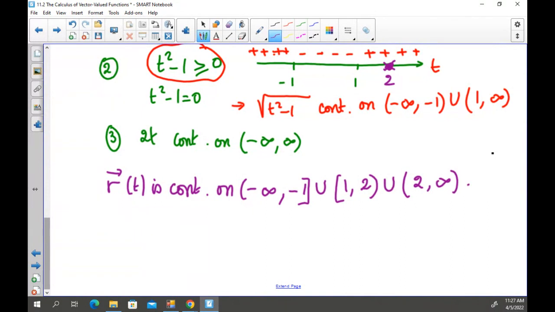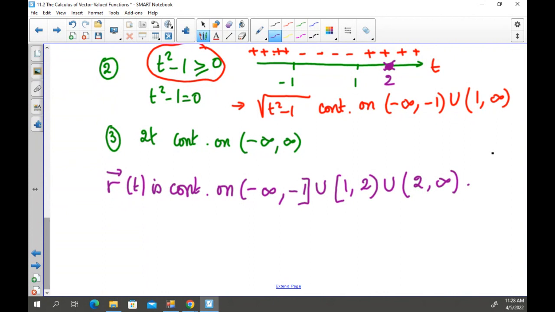And that's it. Why do negative 1 and 1 belong to the interval? Well, you can think that this function is actually continuous at negative 1. You can exclude it, that's okay, but you can also include it. It's continuous from the left at negative 1.